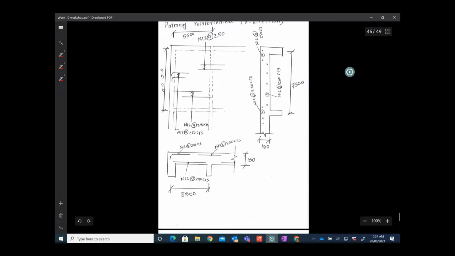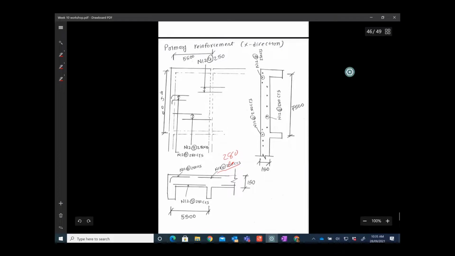So as you can see, you remember that we calculated this primary reinforcement N12 at 280 center to center distance. I think we just change it to 250 center to center distance, or you can have 280 center to center distance as well. Then in the secondary directions, probably we use 200, right?